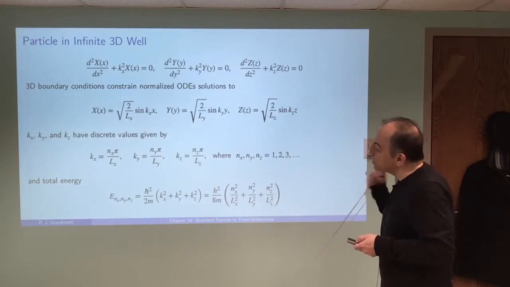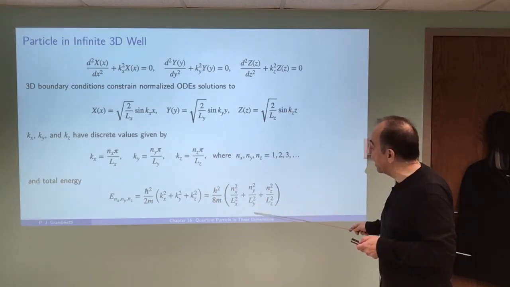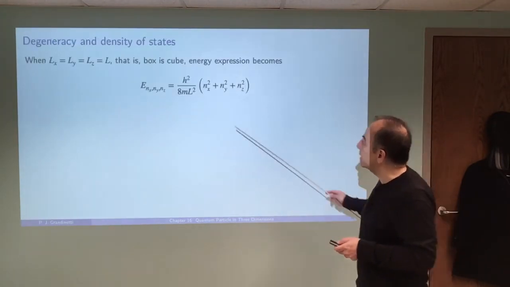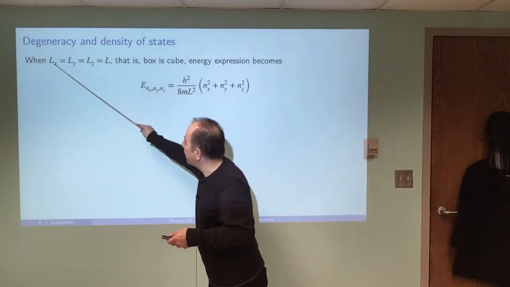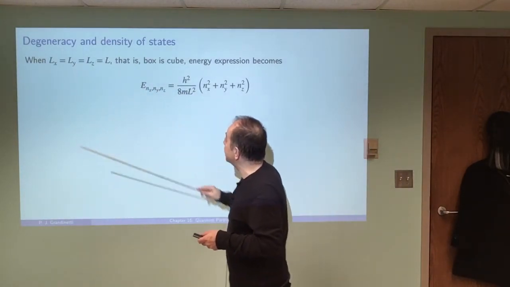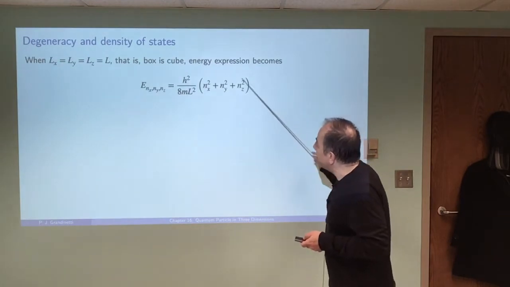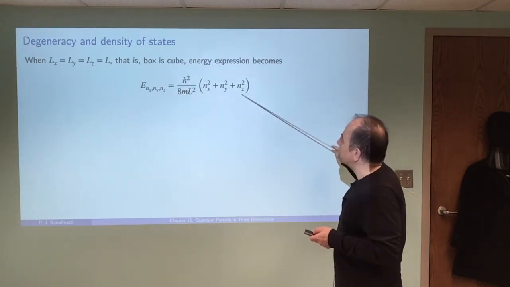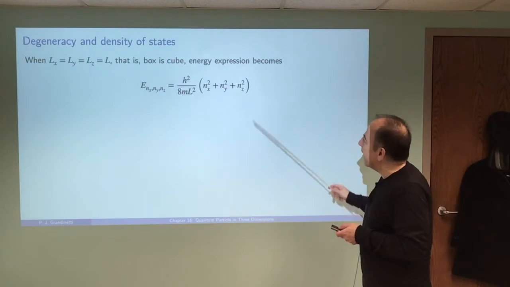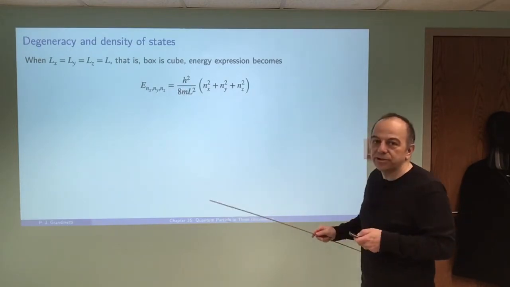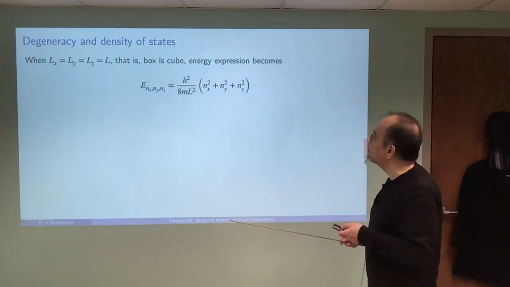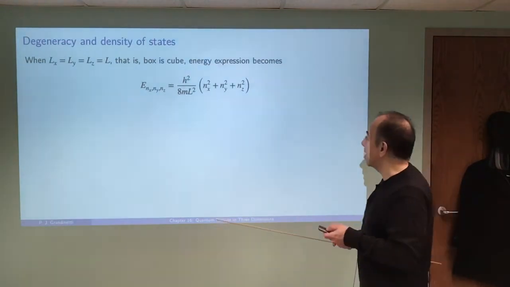Now this introduces some interesting things with the energy. One of the things we'll notice, say, is that if we take a box that is a cube, so Lx equals Ly equals Lz is equal to just one length, then the energy expression has a simpler form, and this form allows the possibility for what we call degenerate energy states.